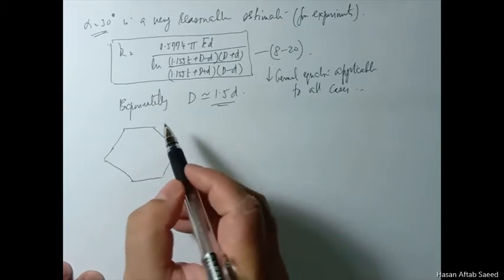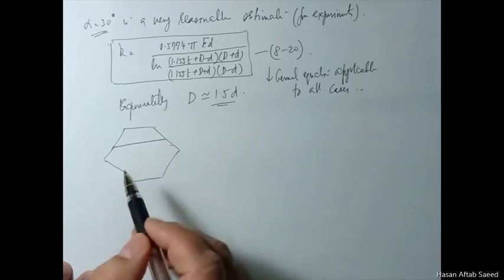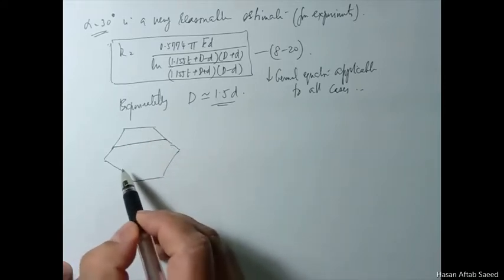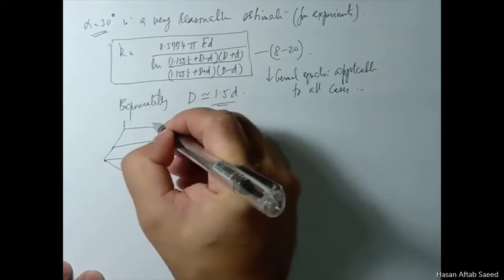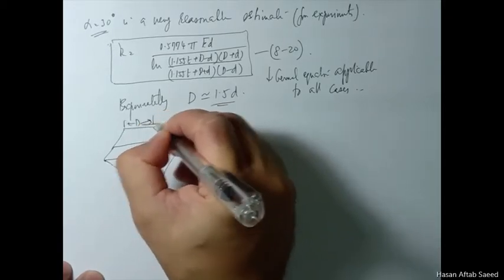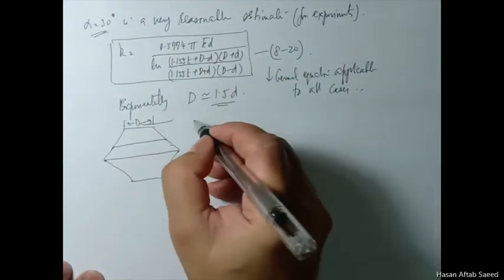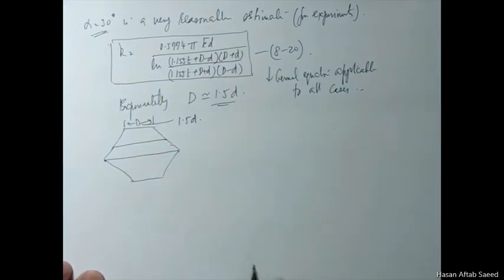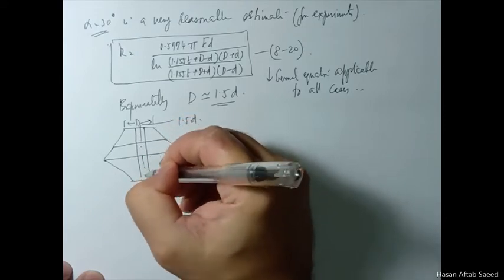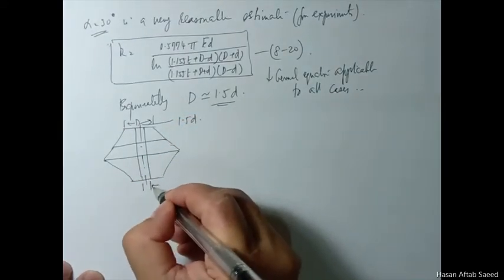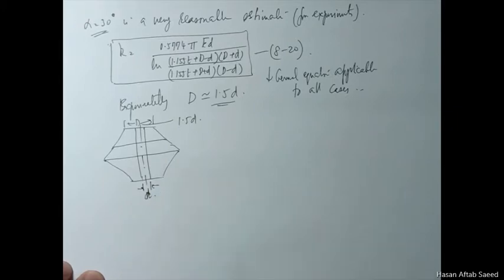This is the situation. The first plate ended here, and then there are two more. There are actually three frustra. So D here, in this expression, is simply 1.5d, and by d I mean this d.